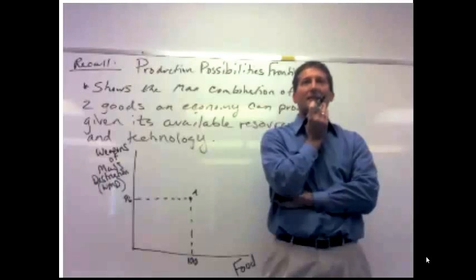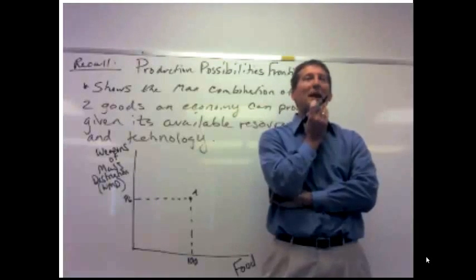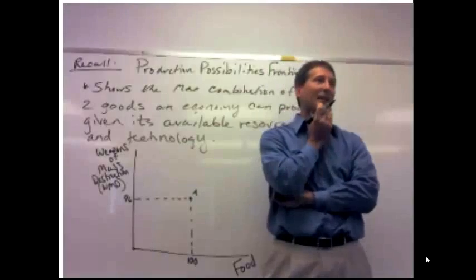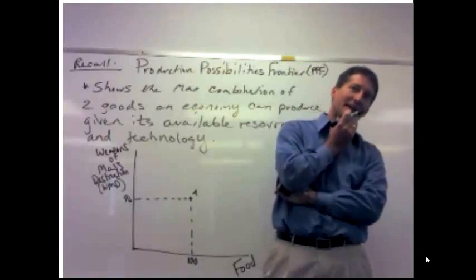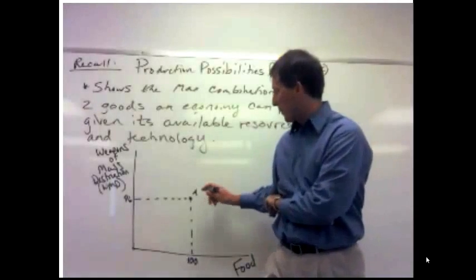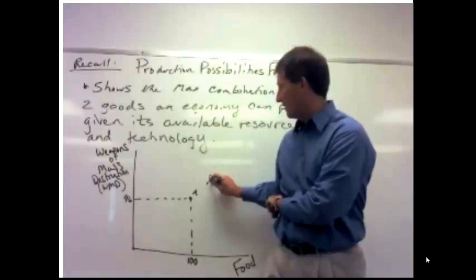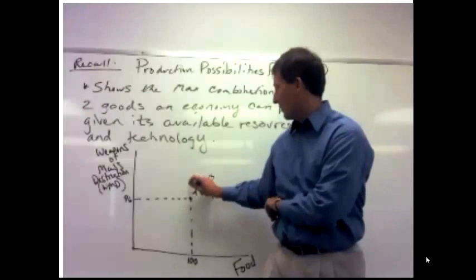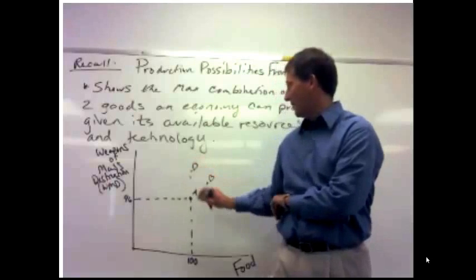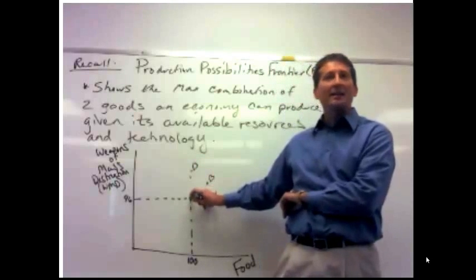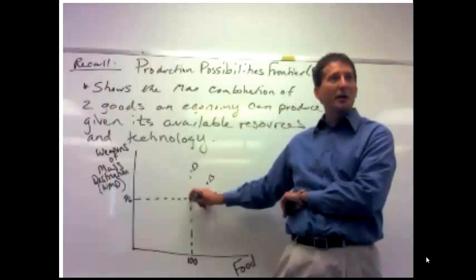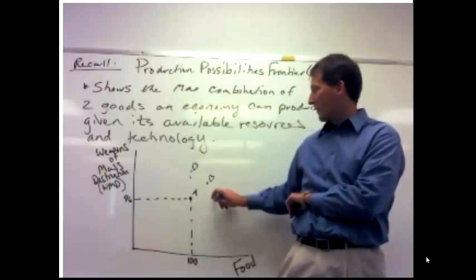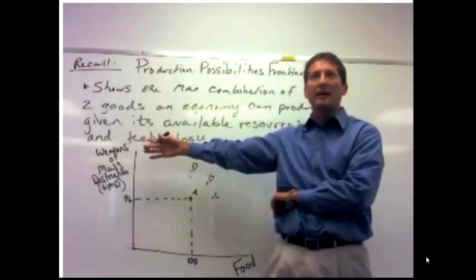Very good. All right, can you make more of one good without giving up any of the other, right? So if you can move to a point like B or C or D, then A kind of sucks, because it says if you were doing better, you could have more of this good without giving up any of the other, right?